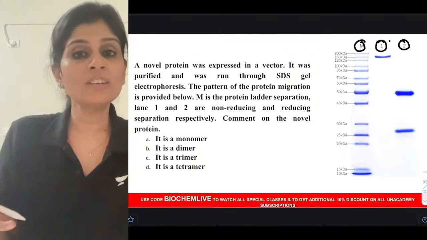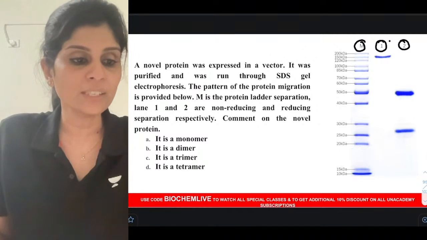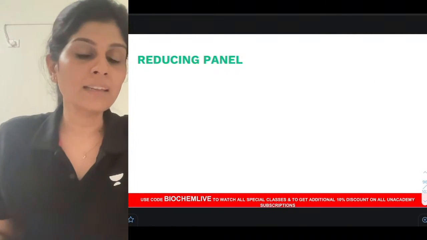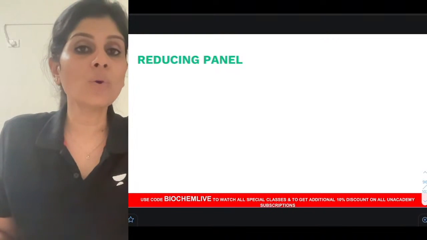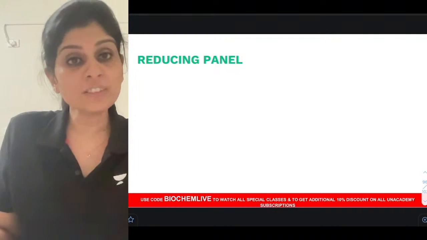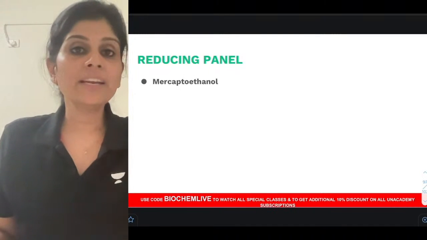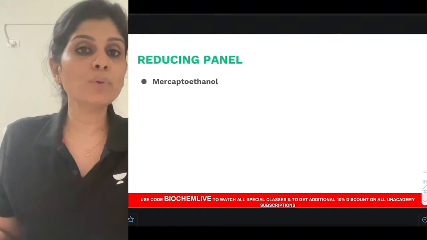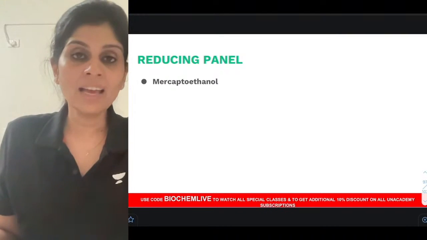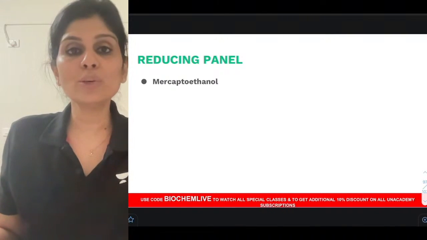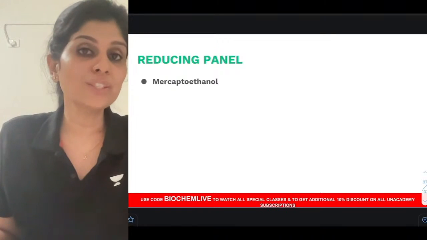So M, 1 and 2 are non-reducing and reducing separation respectively. So you should know what is non-reducing and what is reducing. So what do you mean by reducing panel? It means you're treating the protein not only with SDS but also with mercaptoethanol. And this mercaptoethanol is a reducing agent which reduces disulfide bridges.